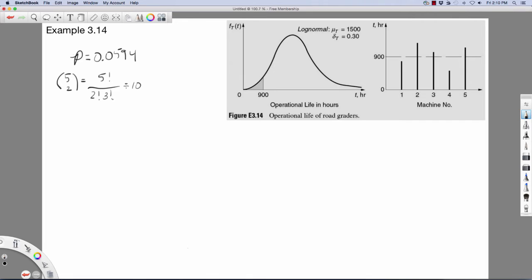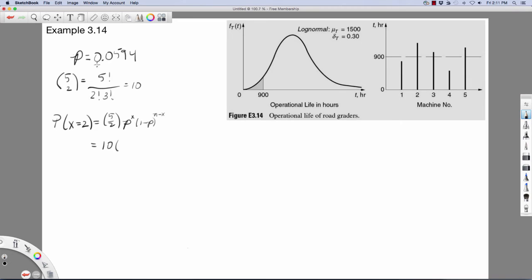Consequently, if x is the number of road graders malfunctioning in 900 hours, then the probability that x is equal to 2 is going to be simply the binomial coefficient 5 choose 2, times the probability raised to x times 1 minus the probability raised to n minus x. So we already determined that this was 10.